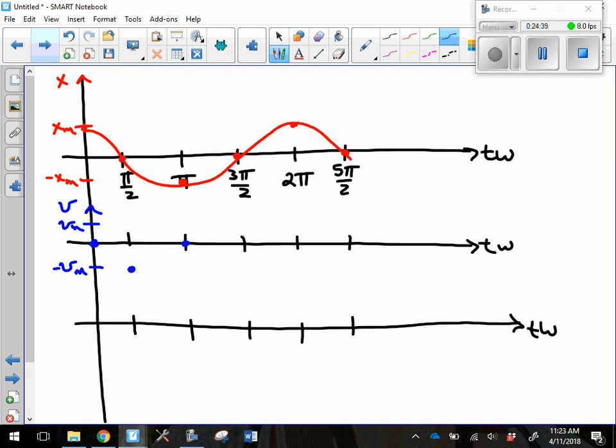Negative 1. That's going to cancel with the negative 1, and I'm going to get what? Positive Vm. At 2 pi, where am I going to be? And at 5 pi over 2, where am I going to be? Negative Vm. So I get something that looks like that.